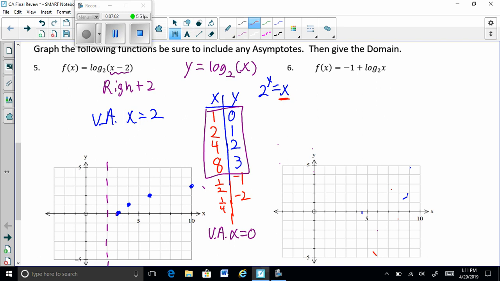And so when you graph this going up and to the right, just like that, and then when you come down, just use that asymptote as a guidance. Okay, now because of that, our domain, the x values go from 2 to infinity.